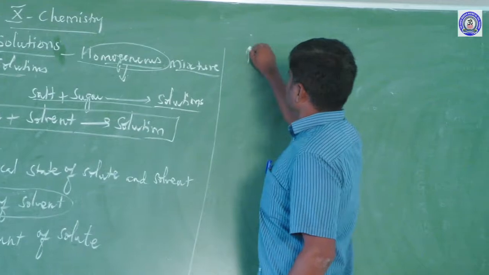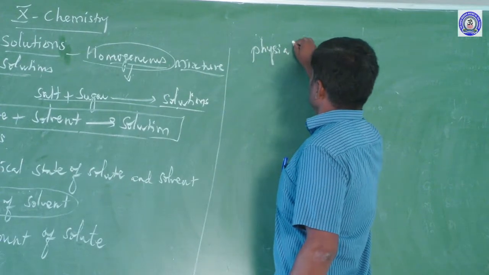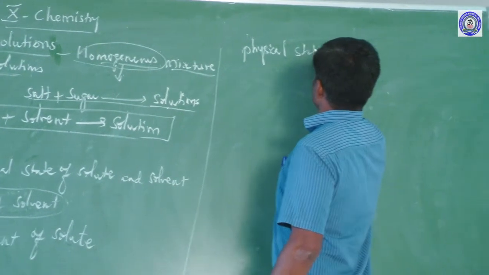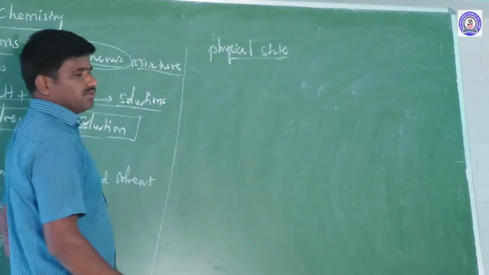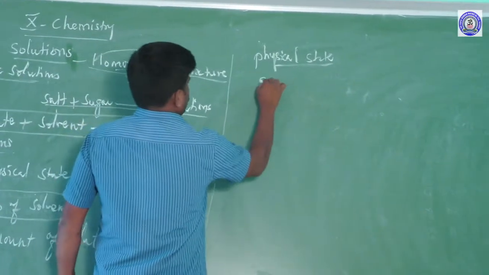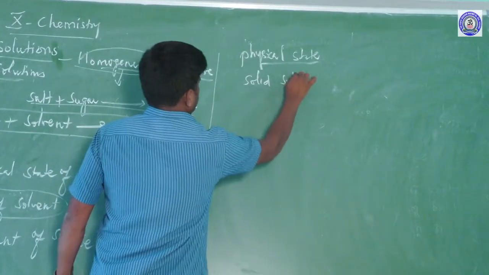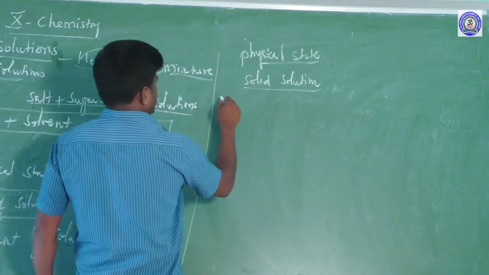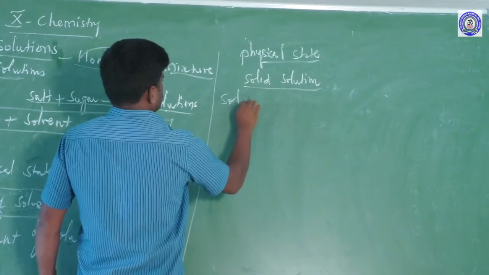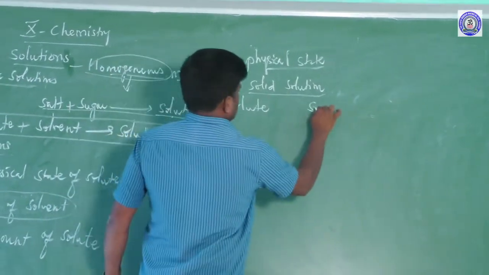First, physical state of solute. There are three types in physical state. One is solid solution. Generally we know solute, then solvent.